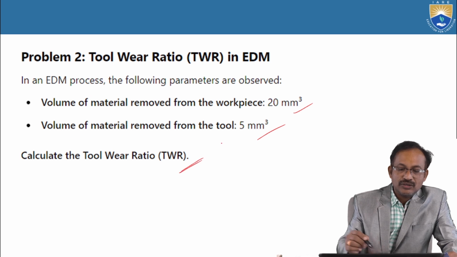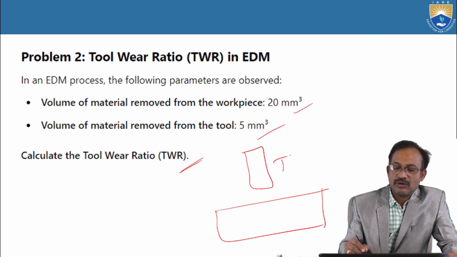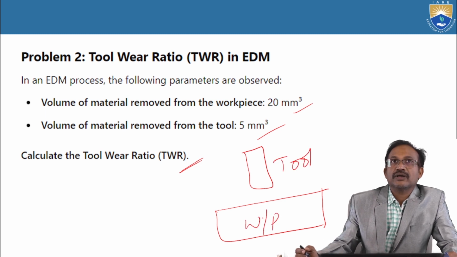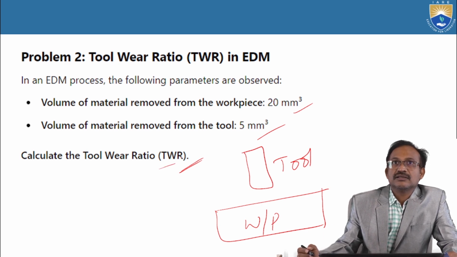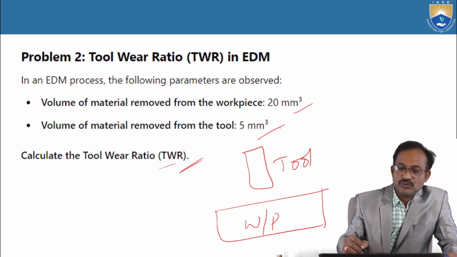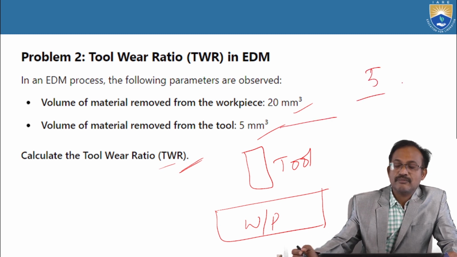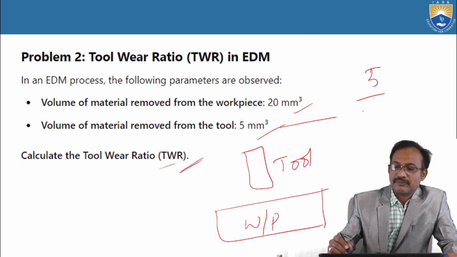Calculate the tool wear ratio. Here the tool will be on top and the workpiece at the bottom. The formula for TWR is the volume of material removed from the tool divided by the volume of material removed from the workpiece.